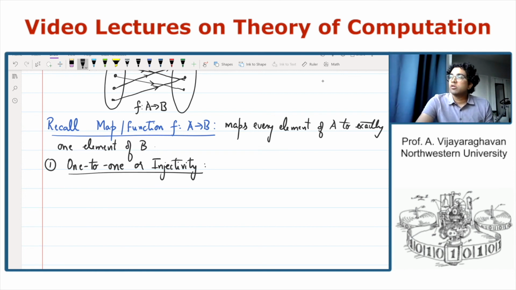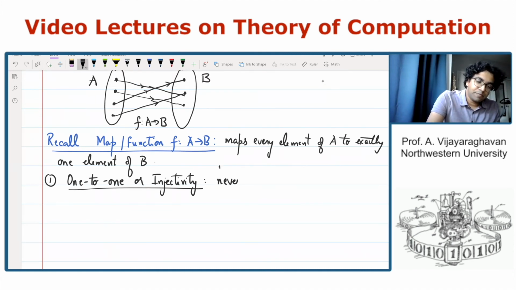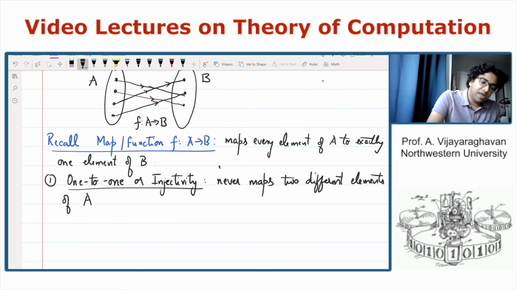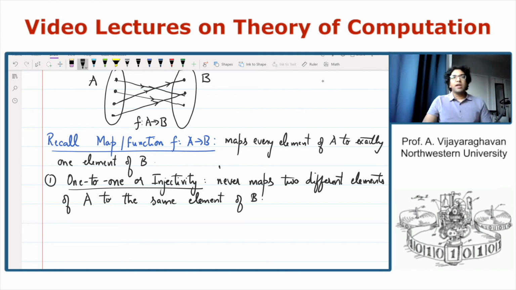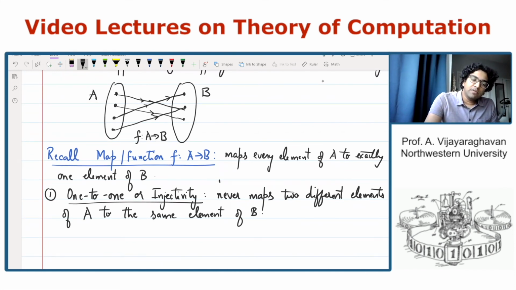A map is one-to-one if it does not map two different elements of A to the same element of B. In other words, if you look at any of the elements of B, they may have some arcs coming in, but every element of B has at most one arc coming in.